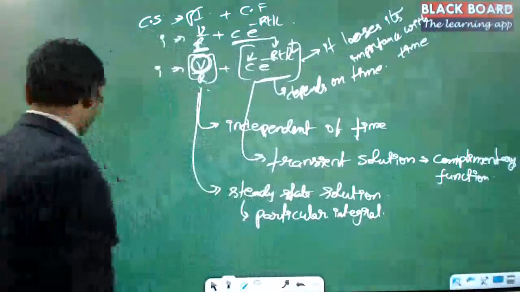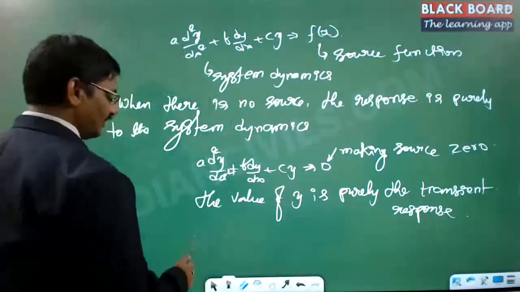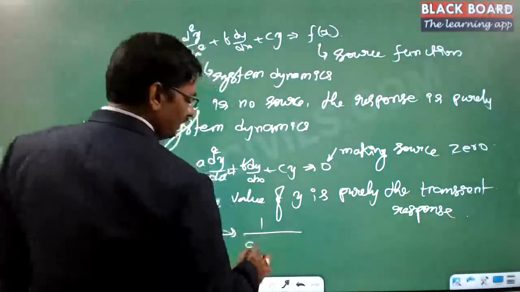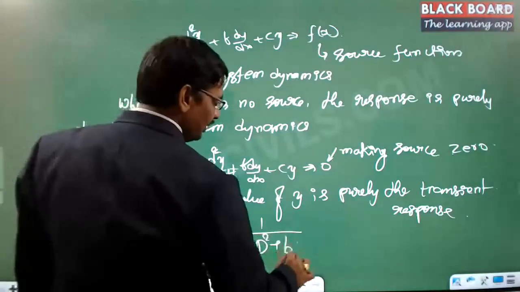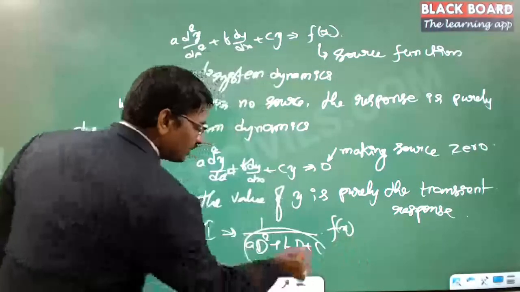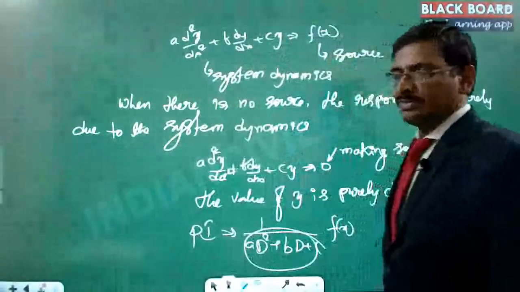So R is also part of the circuit element, and it is in the final solution also. That is the reason when you calculate the particular integral, we will be calculating AD square plus BD plus C operated on f of x. So here the circuit element will play a role. Got it? I hope you understood this.